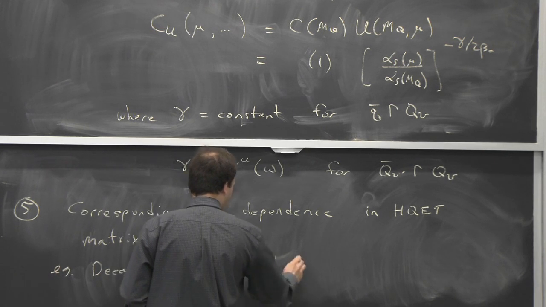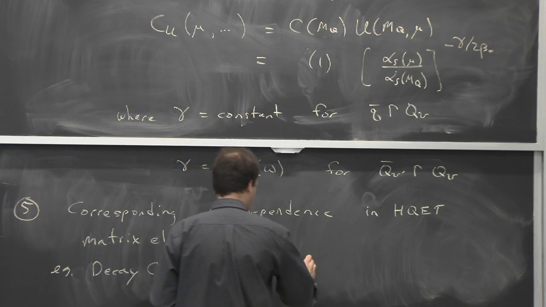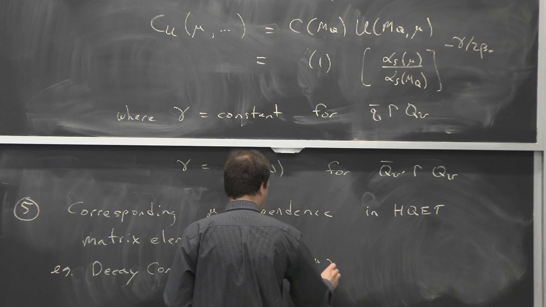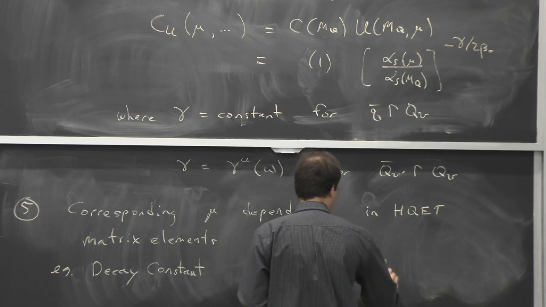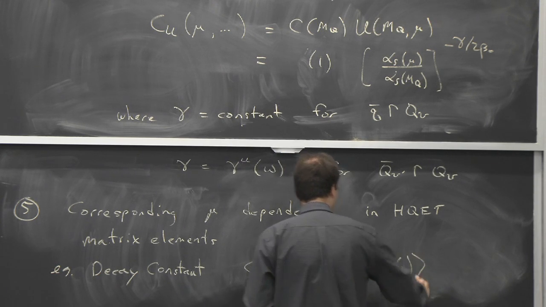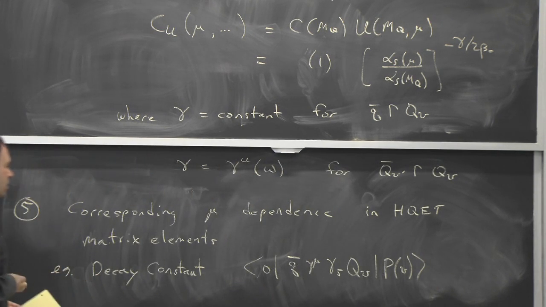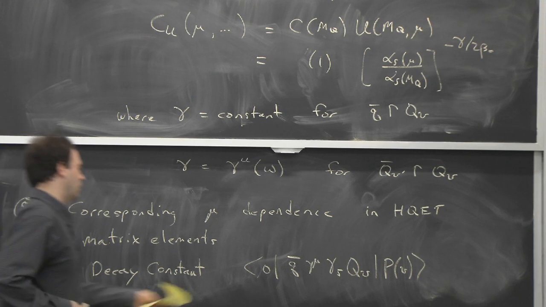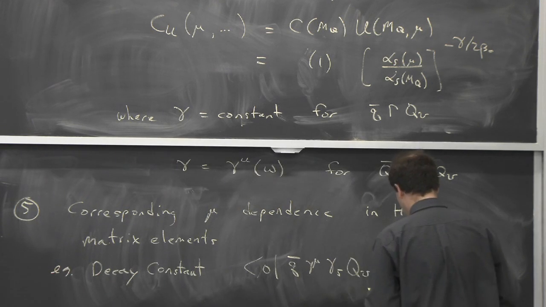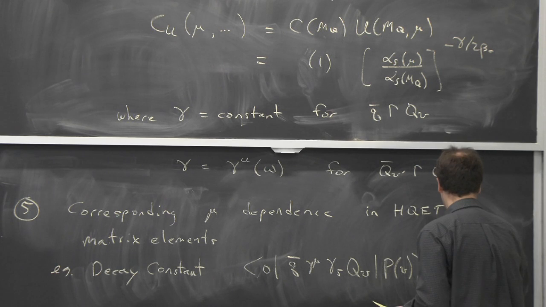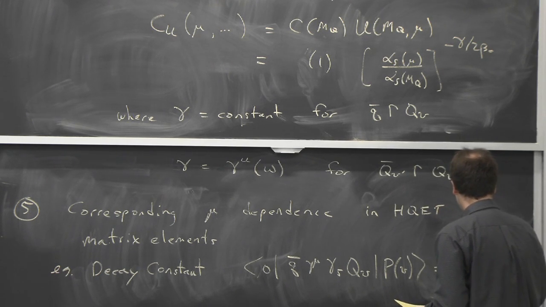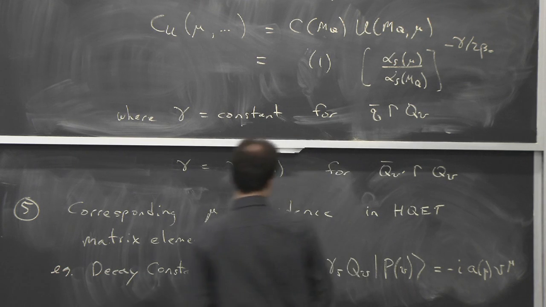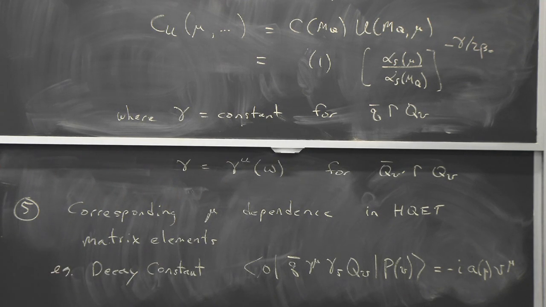Last time we were talking about something which was a decay constant, and that's one example of this heavy to light current. So we had a current which had one heavy quark, one light quark, and then a heavy meson. And we figured out that this was giving some A times v mu. And now I'm telling you that you should think of the A as a function of mu. The matrix element here is a function of mu.